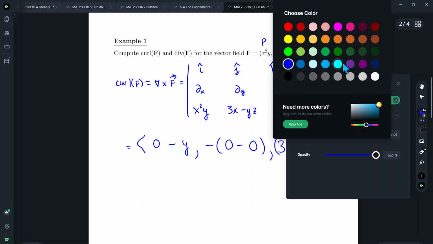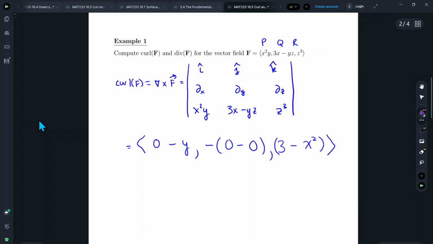So again, let me label this calculation here so it's clear what I'm calculating, right? So this is P, Q, and R, right?